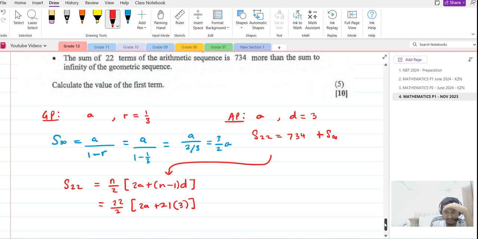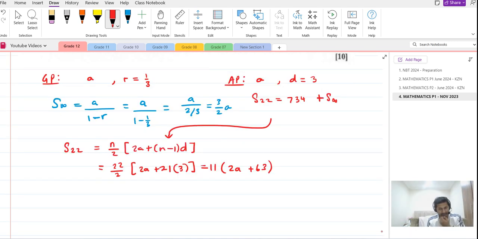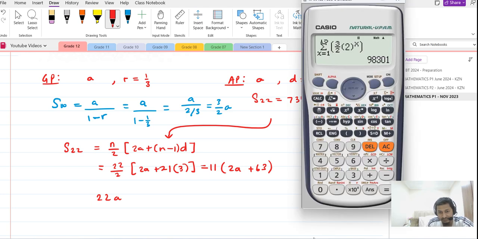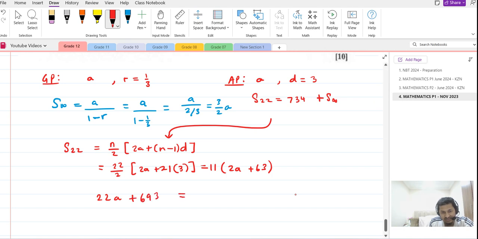So we have 11 into 2a plus 63. That's 22a plus 11 times 63. I'm getting 693 is equal to 734 plus, what's sum to infinity?